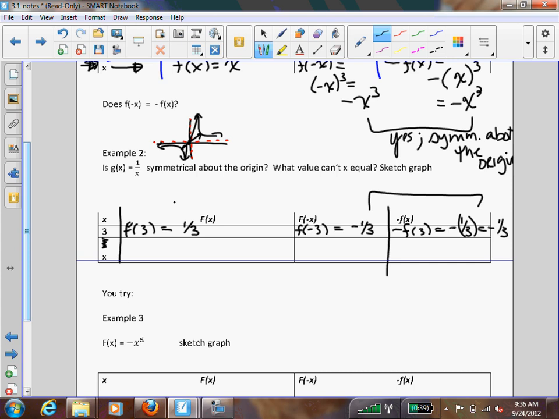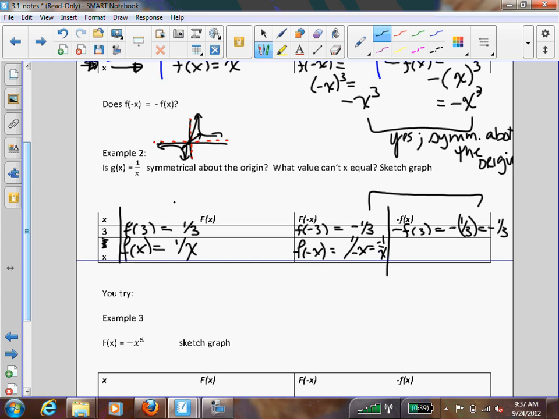Now let's do it with f of x. F of x is just the function that I gave you. What do I do next? F of negative x is 1 over negative x, which is negative 1 over x, right?